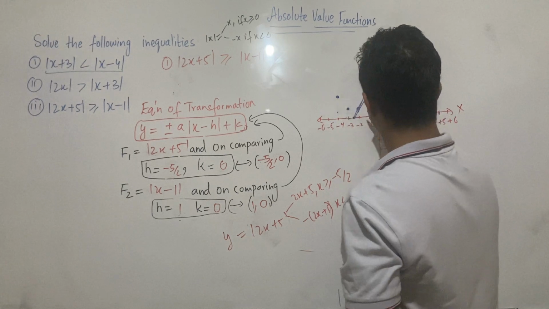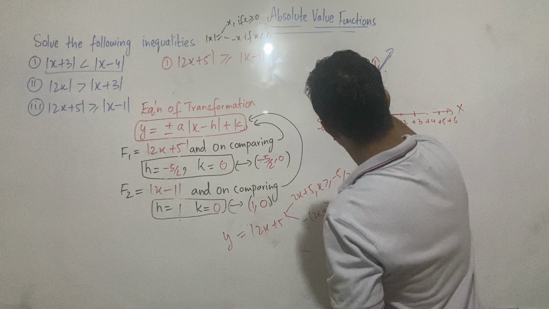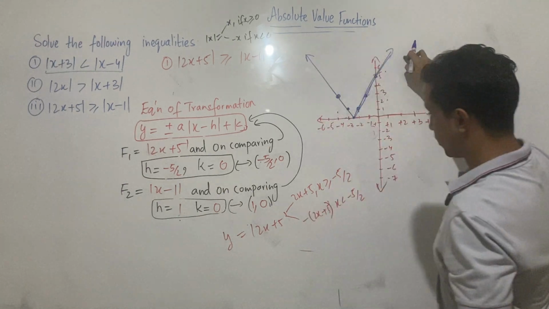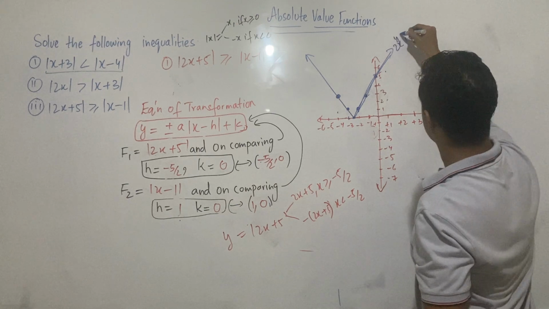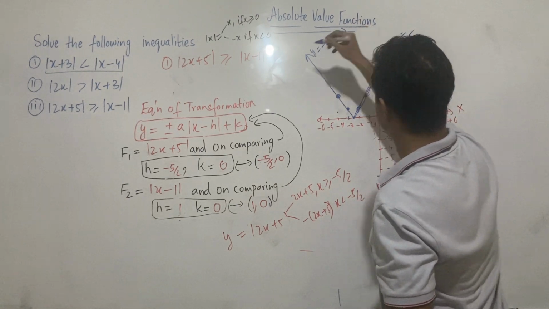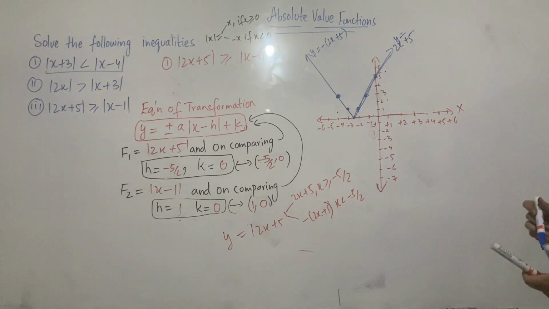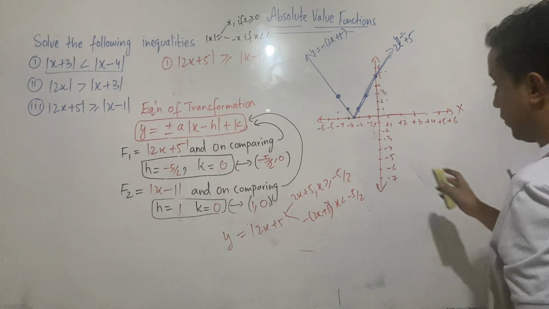So you will get it like this. Okay, this is going to be 2x plus 5. This is going to be y equals minus of 2x plus 5. Okay, and then let's do it for the other one.